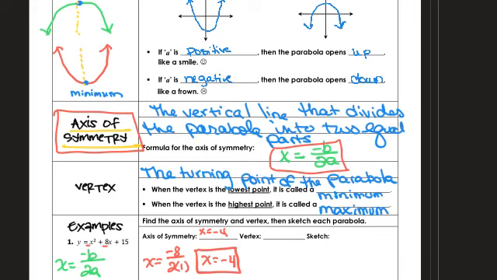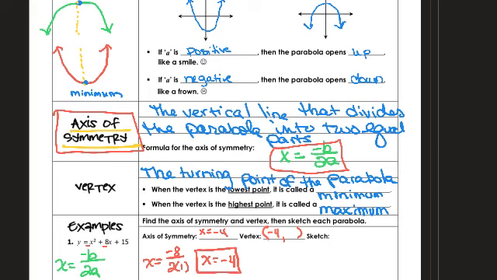Okay? The vertex, however, is a location. It's the point that is the minimum or maximum. And we know the x value is negative 4. Well, how do I know what the y value is? Think about that. I have an x value. I need to find a y value. Well, isn't this equation a function?